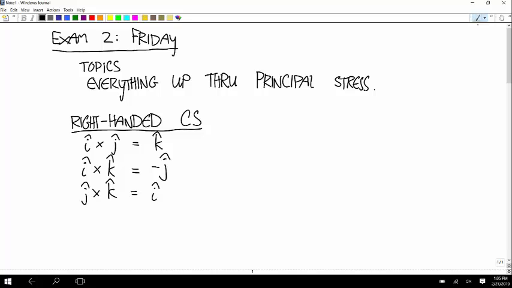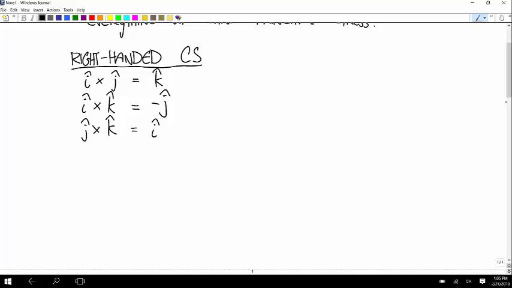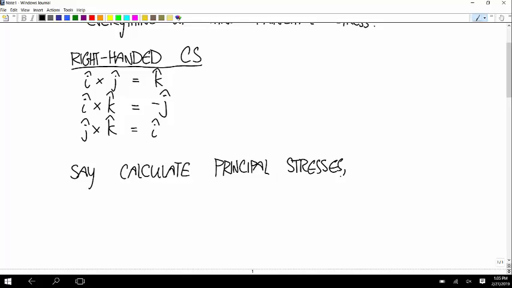And so say that you calculate your principal stresses, and you get eigenvectors.